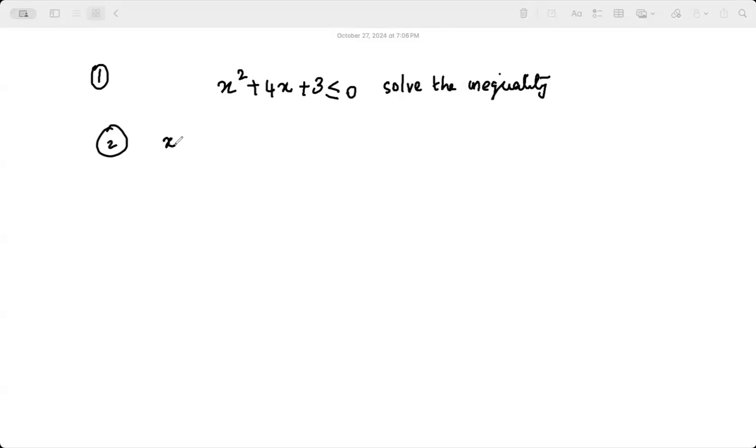How about solve this inequality again? Okay, let's see, guys. 3 and 4.